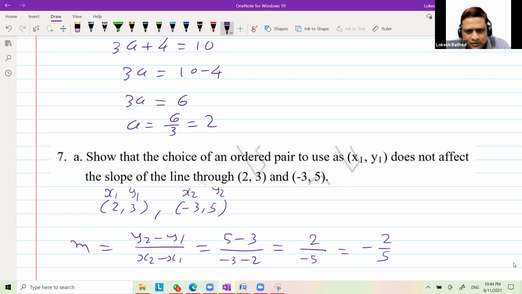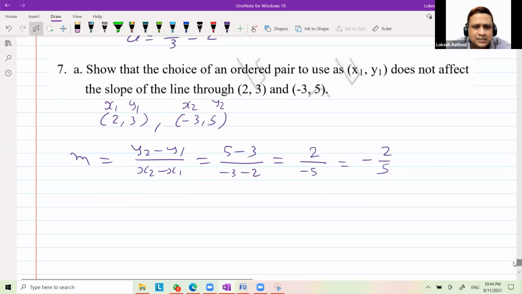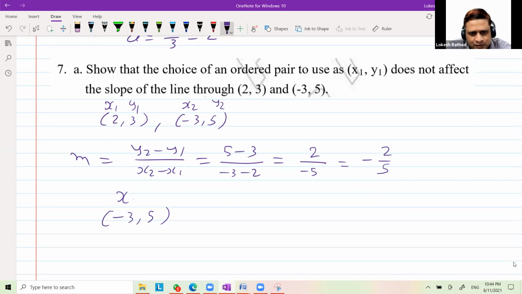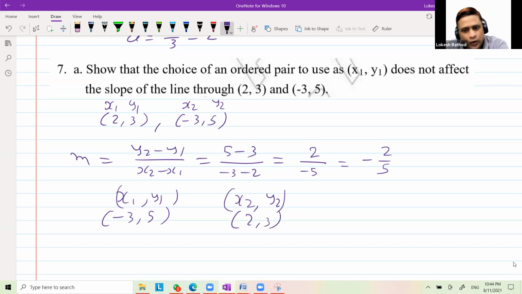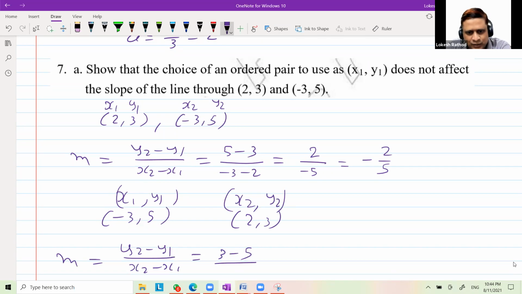Correct? Now, suppose I interchange the points. That is, I take (-3, 5) as x1, y1 and (2, 3) as x2, y2. And I use the same formula. Do I get the same slope? Let's check. So slope is y2 minus y1 over x2 minus x1. That is 3 minus 5 over 2 minus of minus 3.